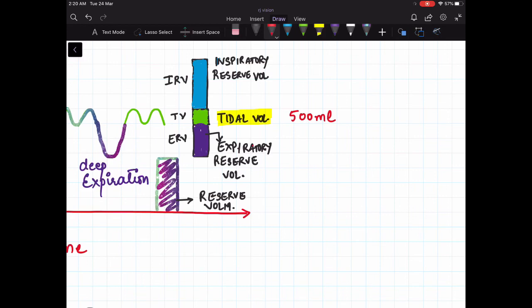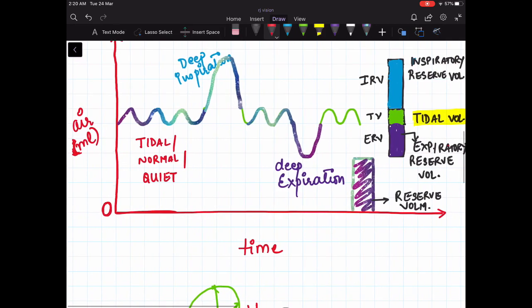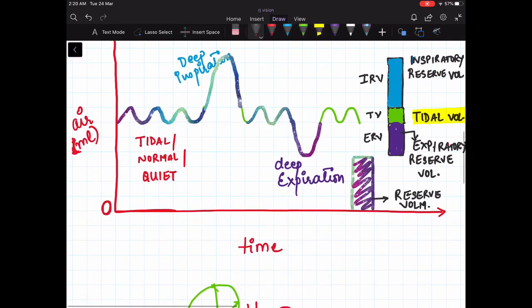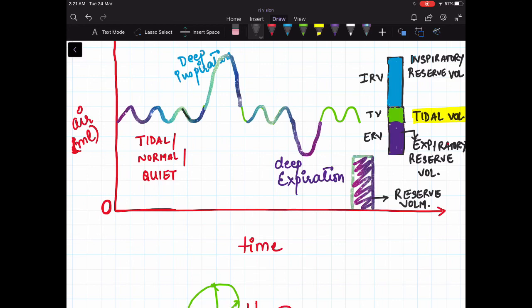Then you have something known as inspiratory reserve volume. Try to understand these words. Inspiratory means it's happening during inspiration. Volume means it's a volume of air. And what is the meaning of reserve? It is that air which you take extra, excess. So above tidal inspiration, the extra amount of air that you inspire, see this.